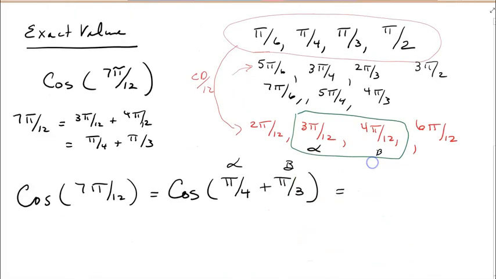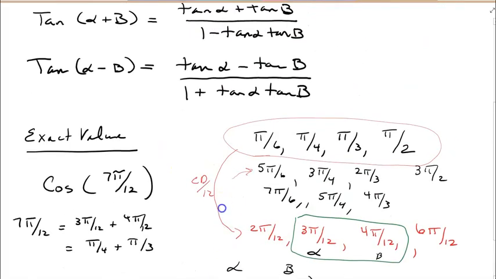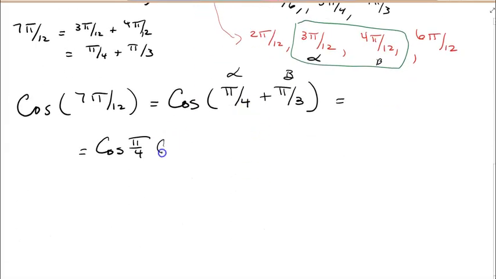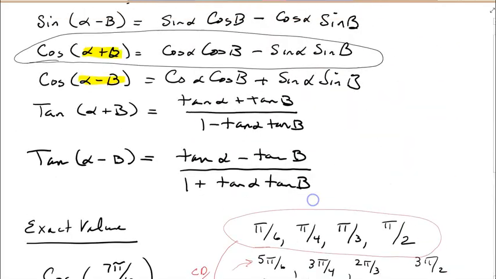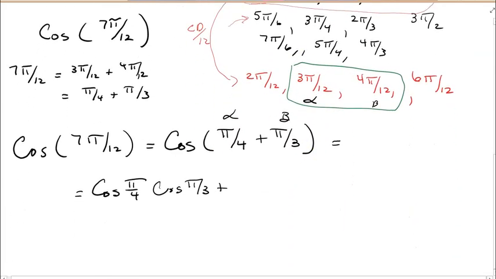So when I break that up, what I'm taking is cosine of pi over 4. Take a look. Cosine of pi over 3. And nope, it's minus. See, you reverse it with cosine. Minus sine pi over 4 sine pi over 3.